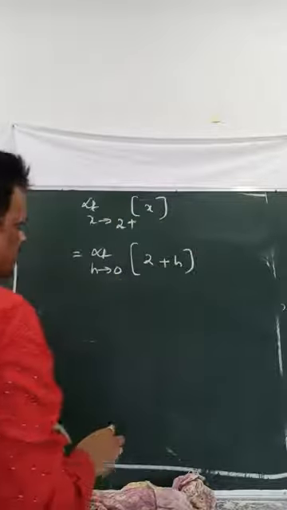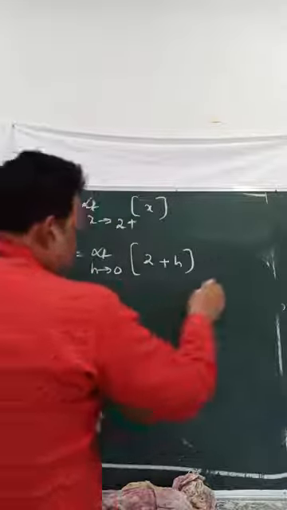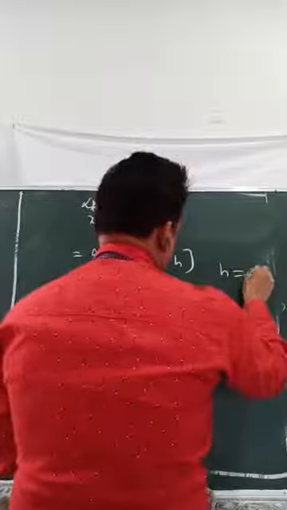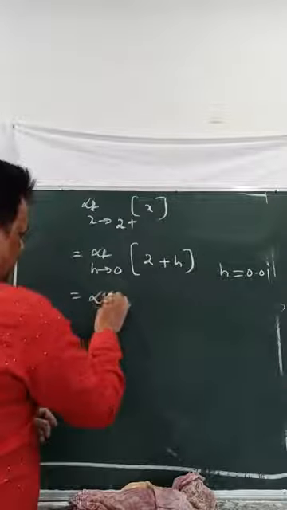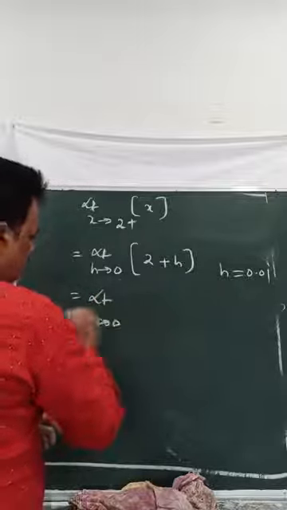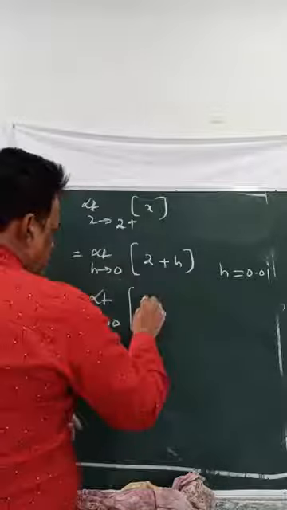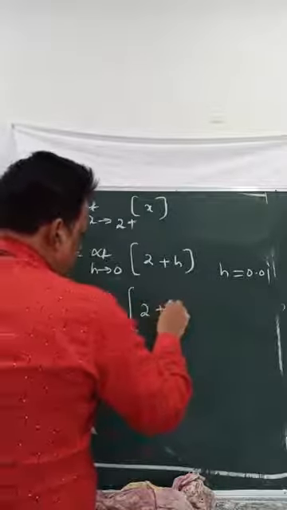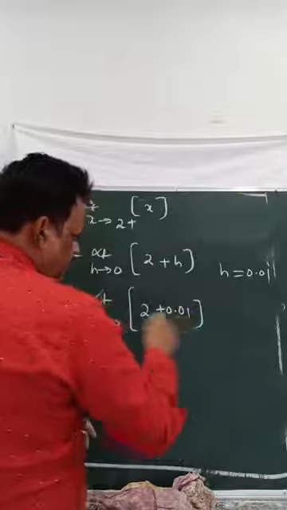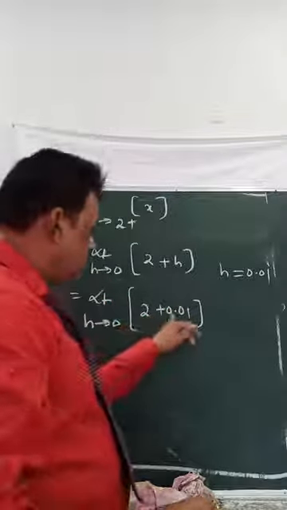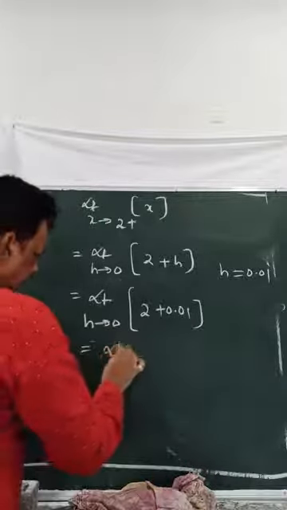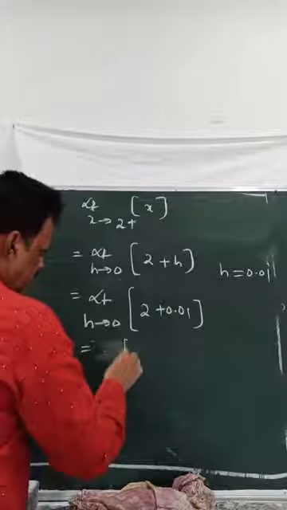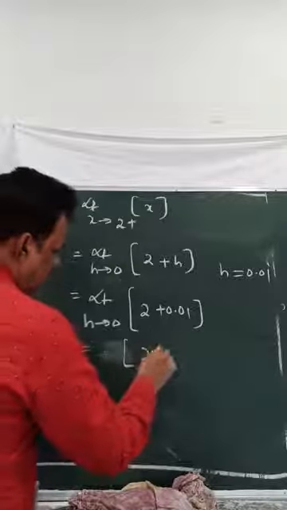Suppose h equals 0.01, that means it is limit h tends to 0, 2 plus 0.01, that is 2.01.